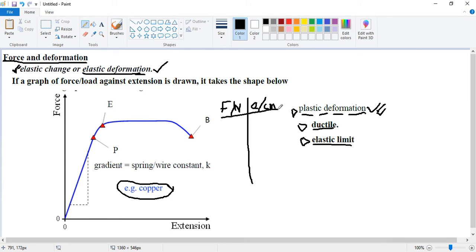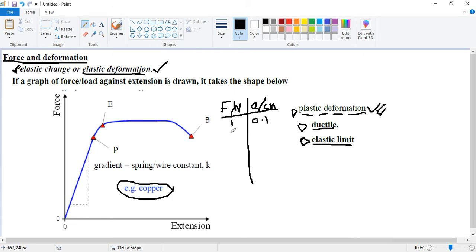So when the loads added to the material are very small, you would notice that there is an extension, and when you remove the load, the material goes back to its original length. For example, let me say you start with 1 newton, and you notice that the extension is, say, 0.1 centimeters.